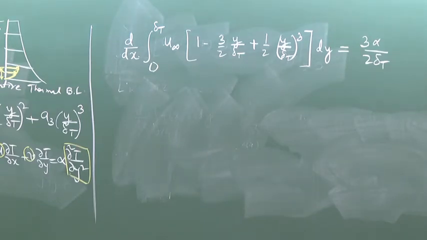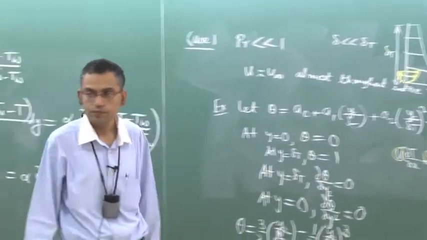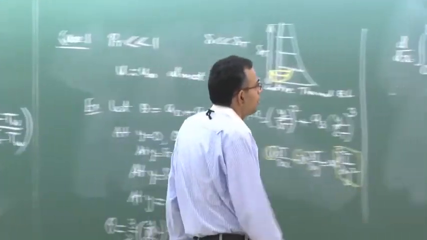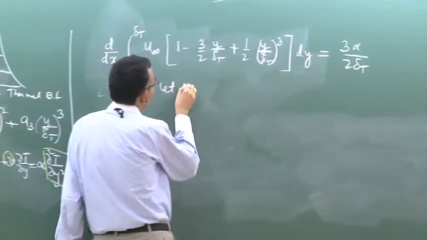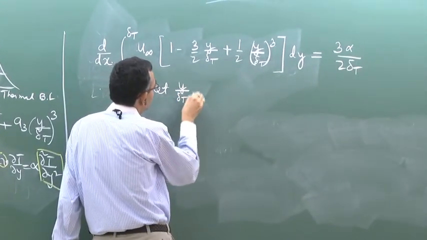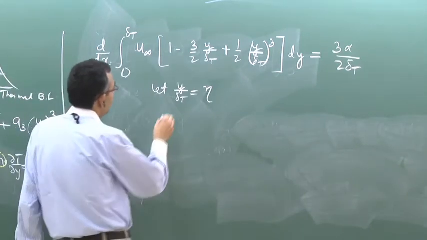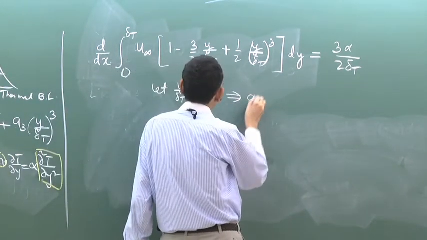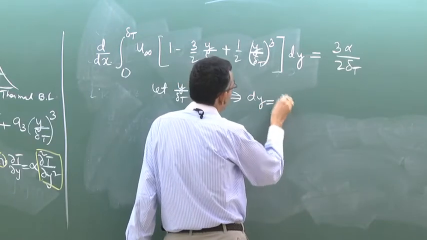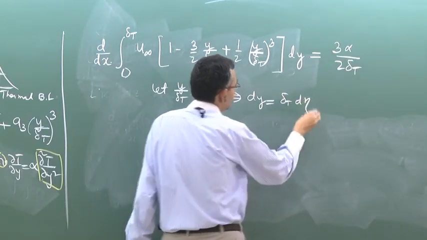So we have substituted the temperature profile in the energy integral equation. Then let us assume y by delta t is equal to eta. So dy is delta t into d eta.